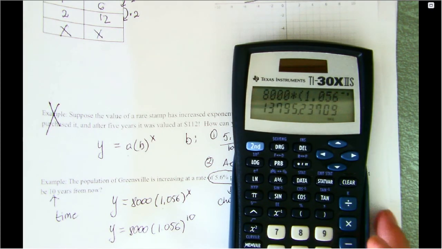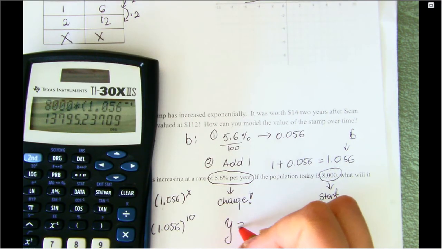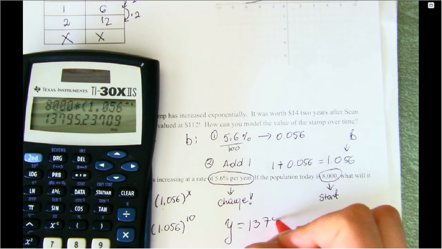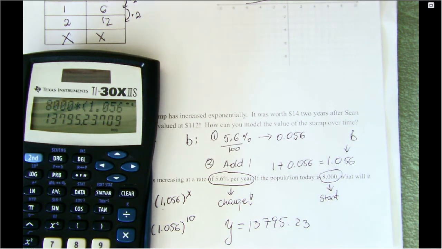Now we've got to think about it a little bit, because my answer is 13,795.23. Now we're talking about population. Usually we don't have people being born as 0.23 person. So if they're talking about numbers, not like in millions, that will be okay.